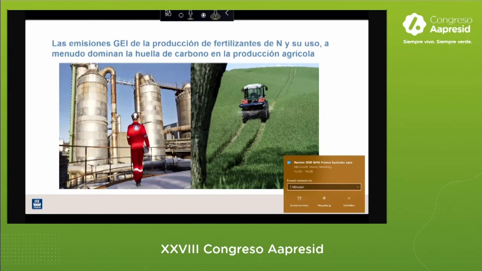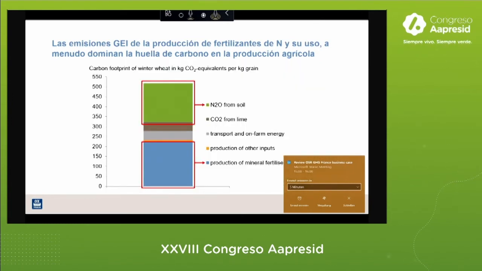So when we look at a crop, the carbon footprint of a crop, for example, like maize or grain, then we can see that the emissions from the production of fertilizer as well as from the use of fertilizer are very important sources, which you can see on this graph here.